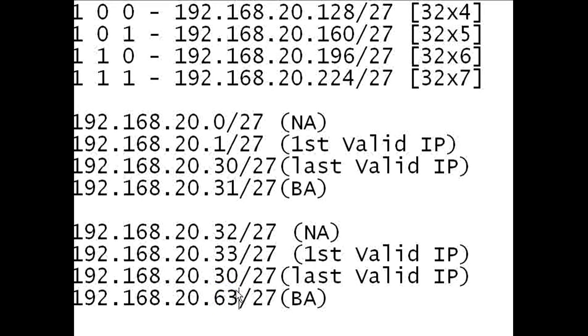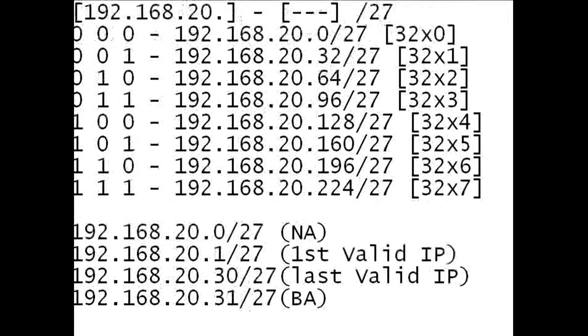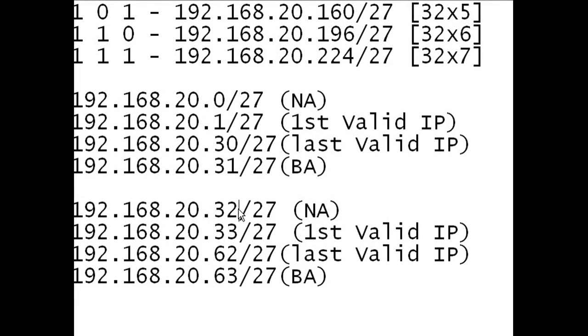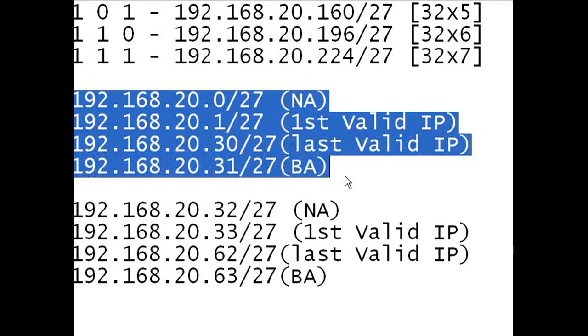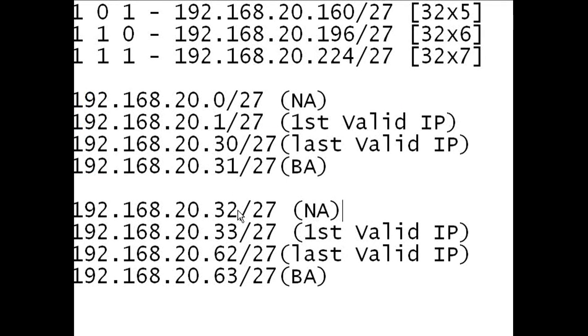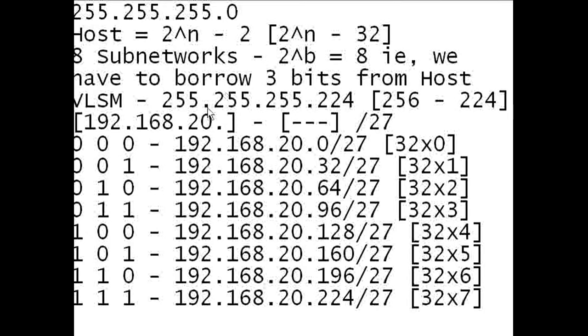This is the first subnet, this is the second subnet, this is 32. And /27 means all will have this particular subnet mask, VLSM. This will be your VLSM. So this is the specification of the first subnetwork, and the specification of the second subnetwork. Quickly let's do the other specifications.